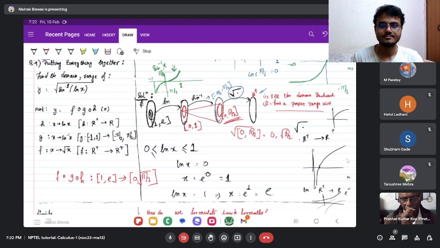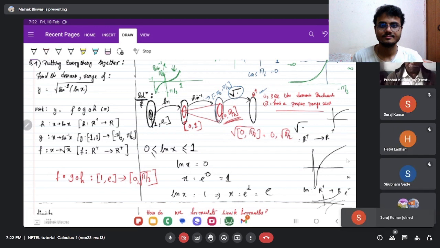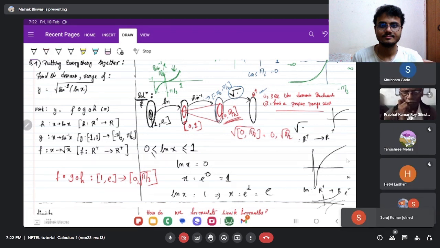If you have a doubt in the range, the range would be the last step. So this is the domain of the function in the last step, between 0 to pi by 2, as we had pointed out. So you apply the function on that to compute the range. So you would get 0 to root pi by 2.